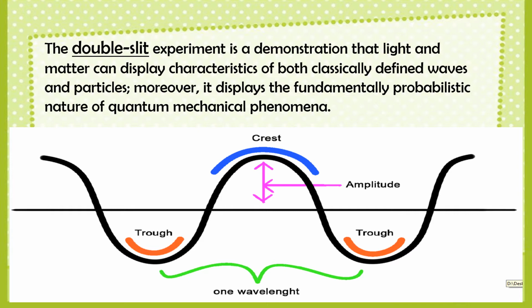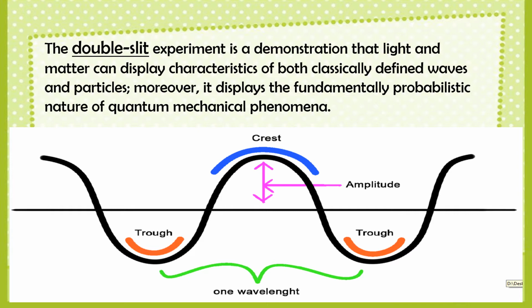So try to look at the diagram. Where can you see the trough and the crest? The trough is on the bottom part of the wave, and the top part of the wave is what you call the crest. From the trough to the crest, that distance is what you call the amplitude.